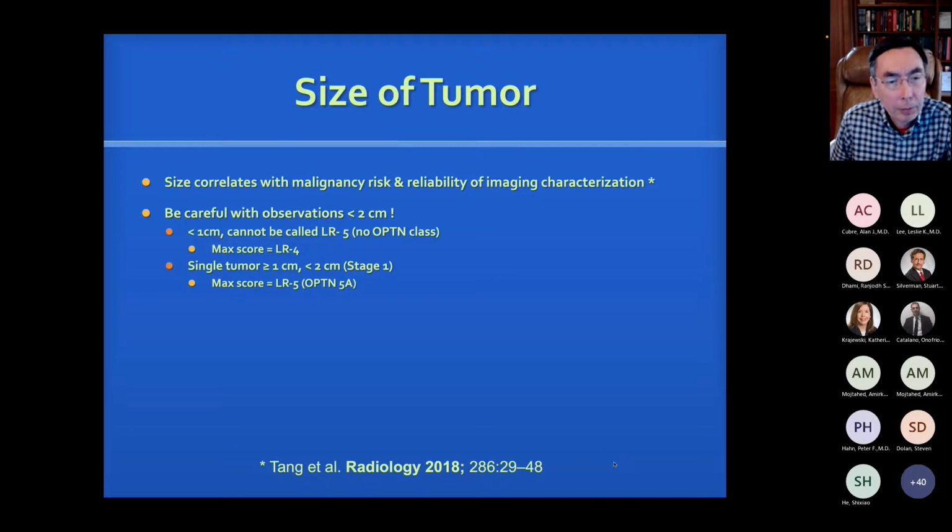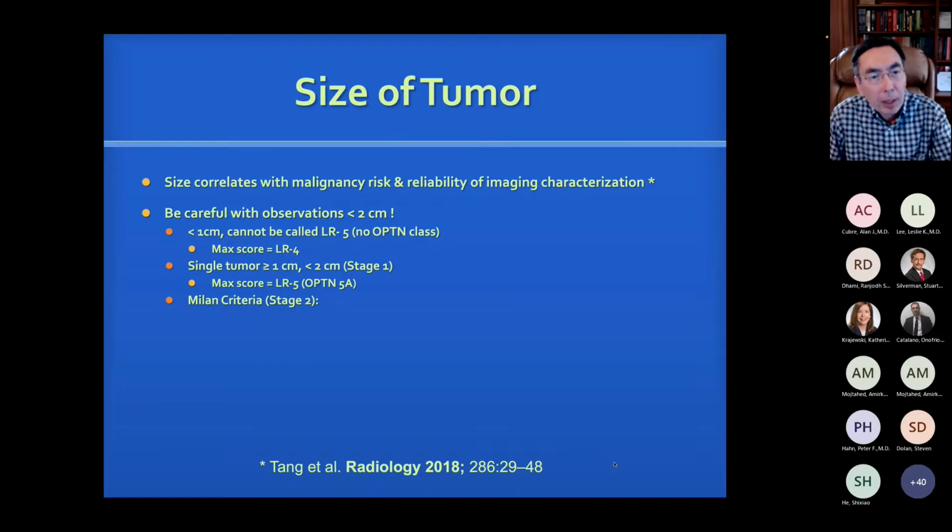If it's at least 1 centimeter in size but less than 2 centimeters, it can get an LR5 classification, meaning high probability of HCC. In OPTN, it would be a 5A, so you could only get exception points if you had at least 2 or 3 lesions with 5A classification.